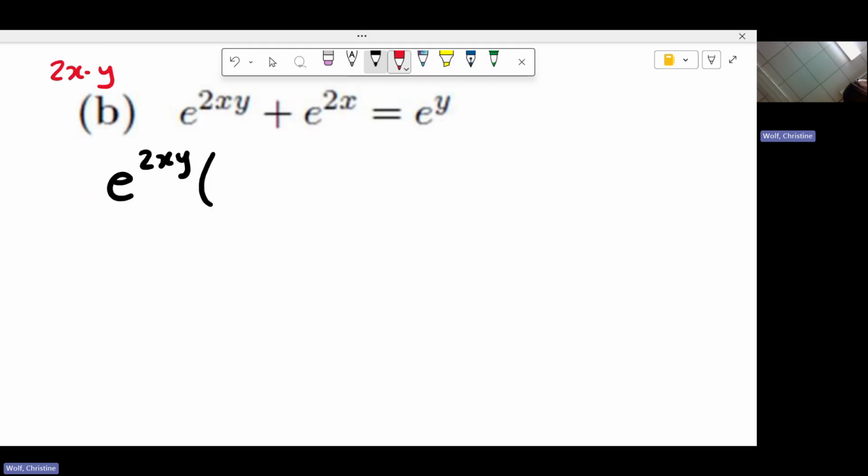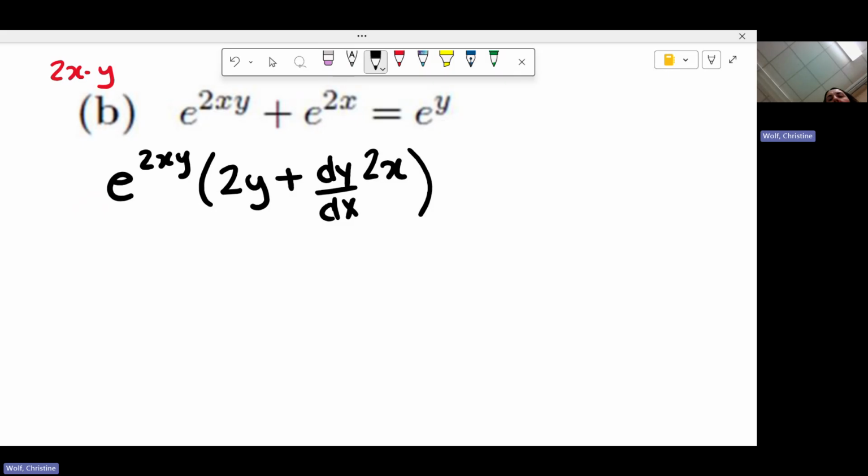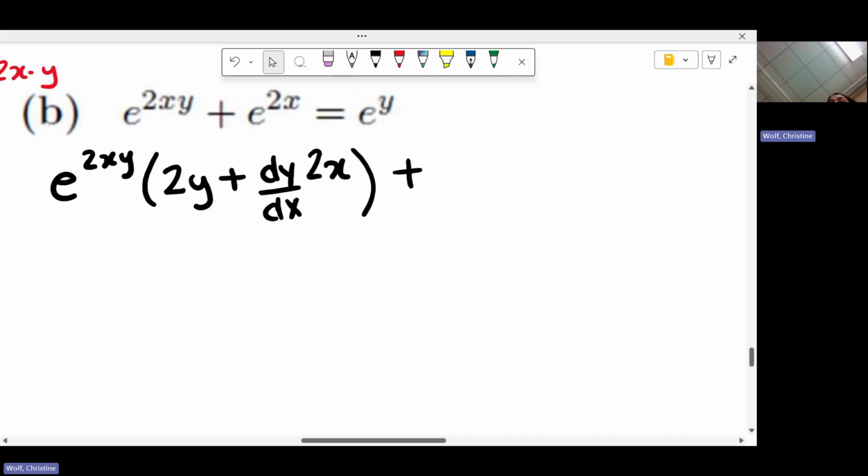The derivative of my first guy, 2x, is 2, and then you multiply it by the y, unchanged, added to the derivative of y, which is 1. I'm not going to write the 1, but I know I need a dy dx now. And don't forget that is always multiplied to the first guy, unchanged, which was 2x.